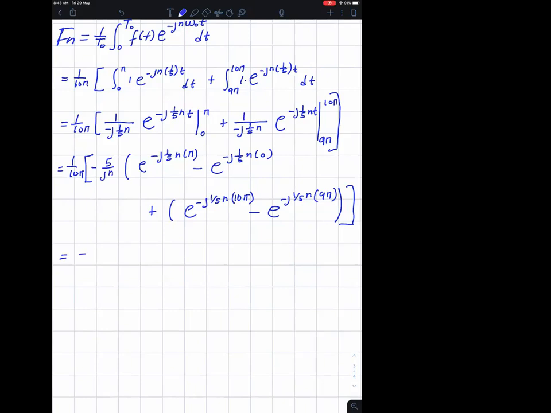I forgot, okay, I have to remove this parenthesis. So minus 1 over 2 jn. So the pi is missing, is it? Or jn pi. Okay, thank you.